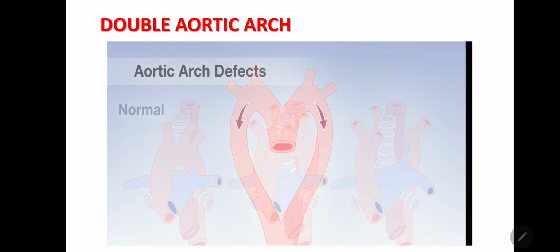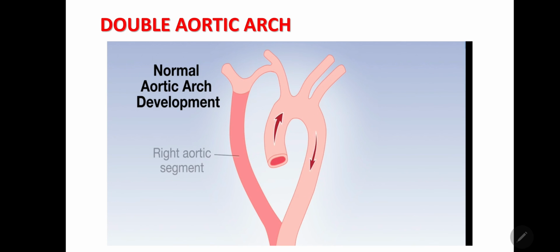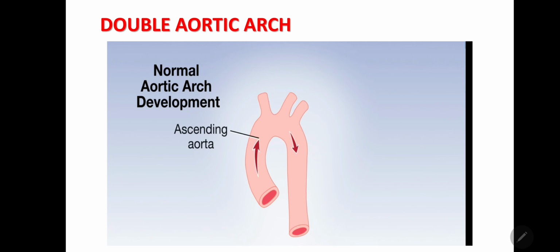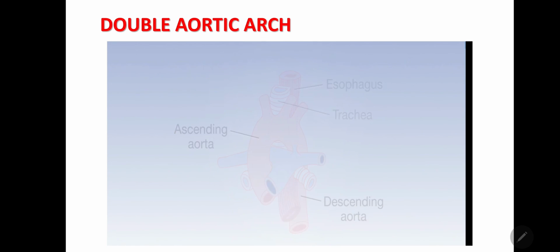So you can see, during development the truncus arteriosus is connected to right and left dorsal aortas, but with the further modification and alteration in the aortic arch arteries, the right aortic segment should disappear. This is how the normal development takes place because of the left-sidedness under the action of the PITX2 gene, which you have seen in the previous videos.